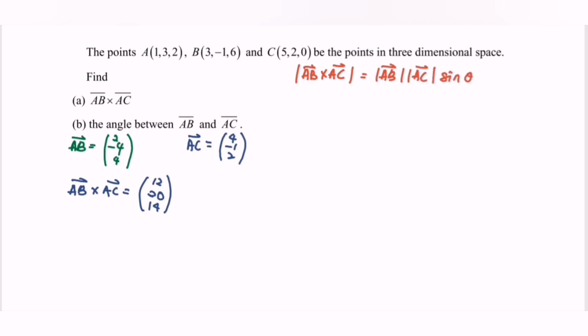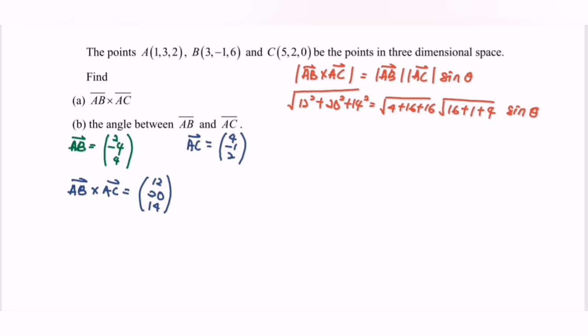So kindly substitute, where we have the square root of 12 squared plus 20 squared plus 14 squared equals the magnitude of vector AB, where we have the square root of 2 squared, 4 squared plus 16, plus 16, multiplied with the square root of 16 plus 1 plus 4, sine theta.